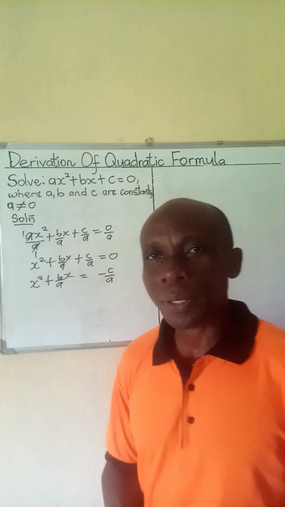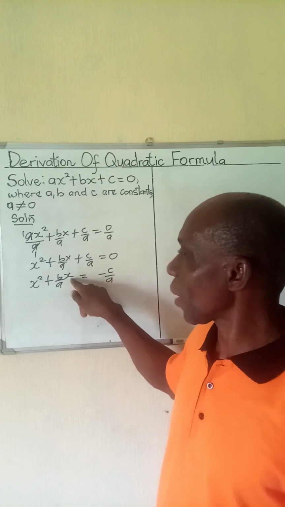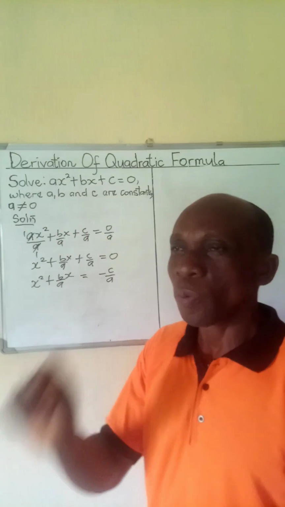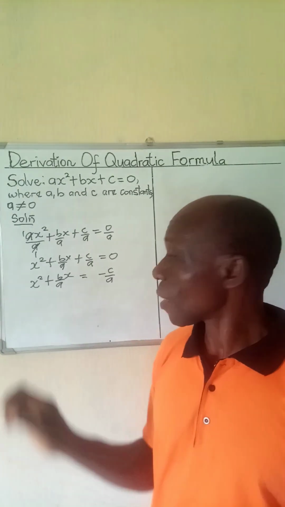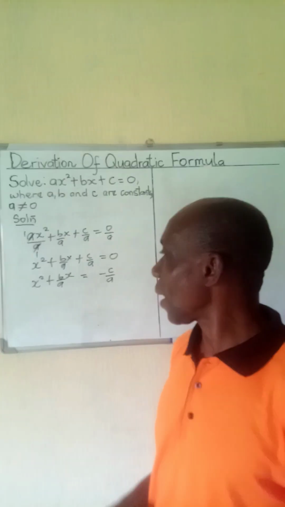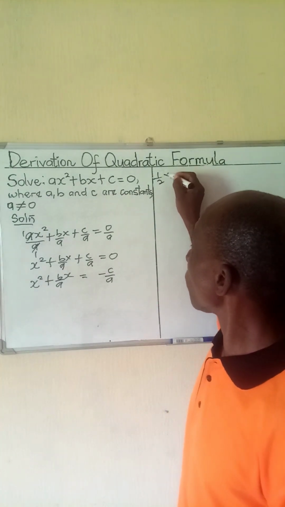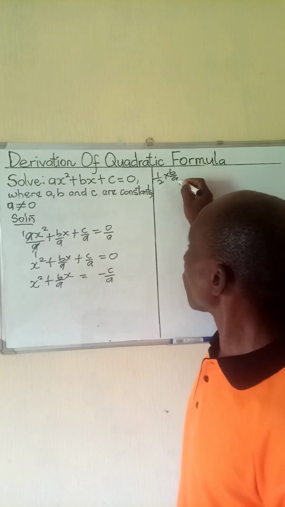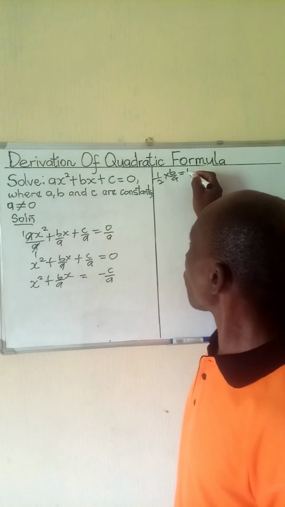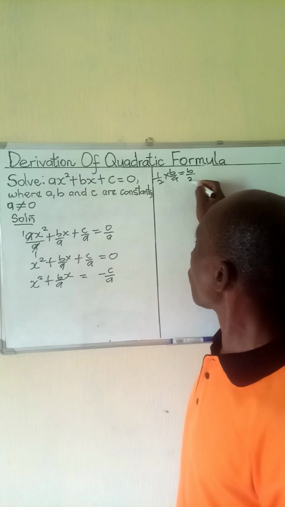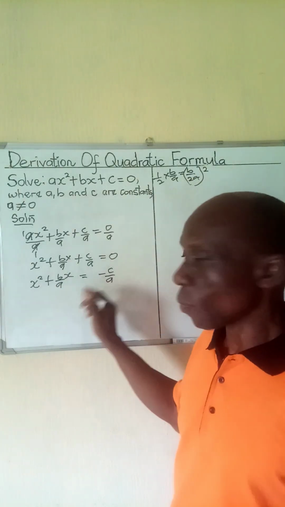Next thing, step number 3, we look at the coefficient of x here, which is b over a. We will find half of that. And when we have gotten half of that, we will square it and add to both sides. Remember, half of is multiplication. So half of this, 1 times b will give you b, 2 times a will give you 2a. And so when you square that, you would add that to both sides of the equation.